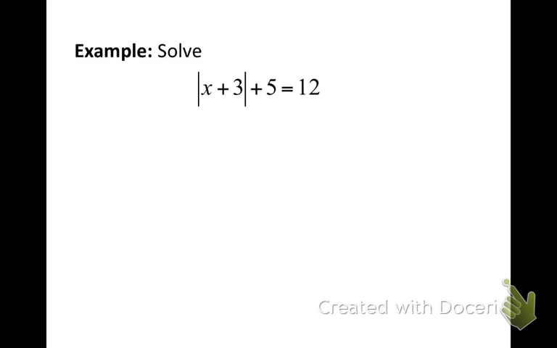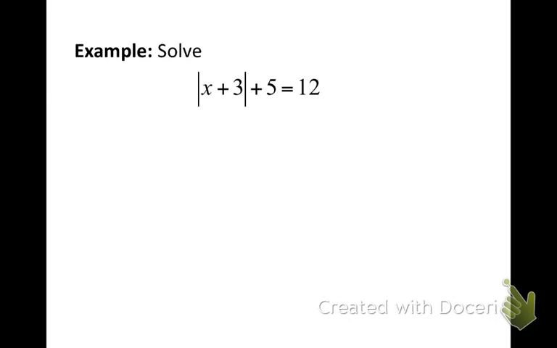All right. Let's make it a little bit trickier, not too hard. Absolute value of x plus 3 plus 5 equals 12. The purpose of this example is to show you that before you can split it into your two separate cases, you need to get the absolute value part isolated by itself, meaning you can't have anything being multiplied in front of it, which in this case it's not.